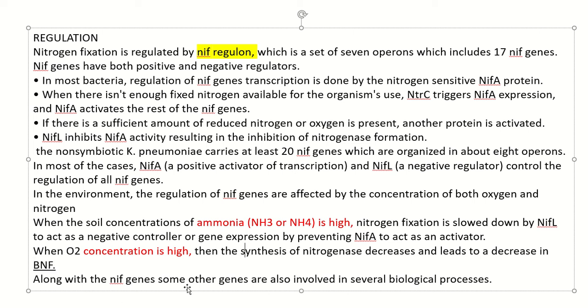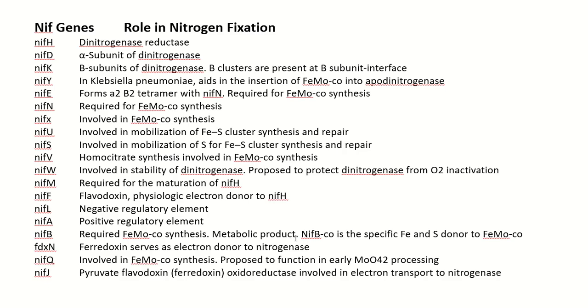Along with the Nif genes, some other genes are also involved in nitrogen fixation. So these are the Nif genes. You can remember A, B, C, D. Full ABCD is there, but you have to remember which are lacking one. NifH means dinitrogenase reductase.